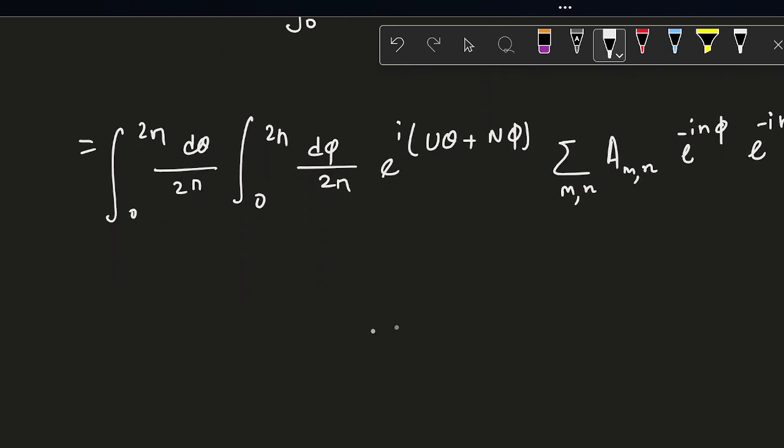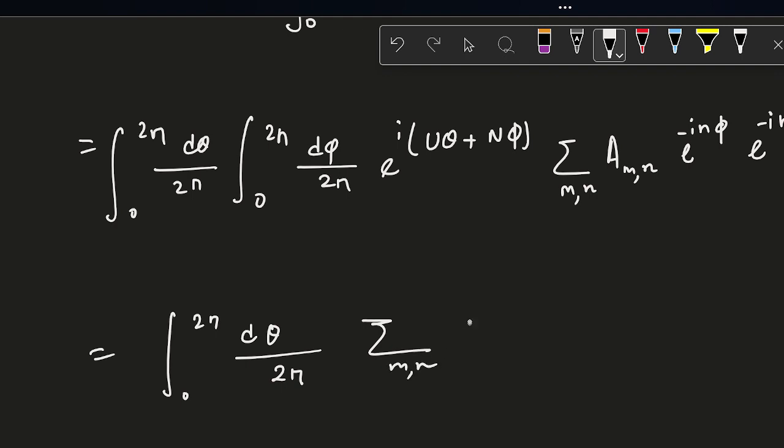So after this, you have to very cleverly separate terms out so that you can have the Kronecker delta expression. How to do that? First of all, let us go with this phi term. Let us first take out this a_mn aside, and also keep the theta term aside, so that e to the power of minus i m theta is separate, and also e to the power of i capital U theta is separated. Only the phi terms we are interested in.